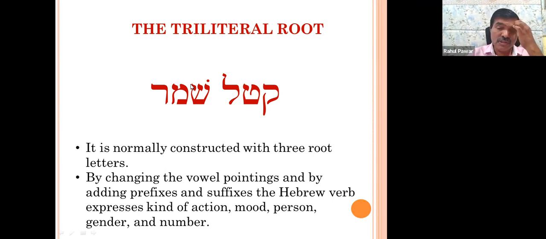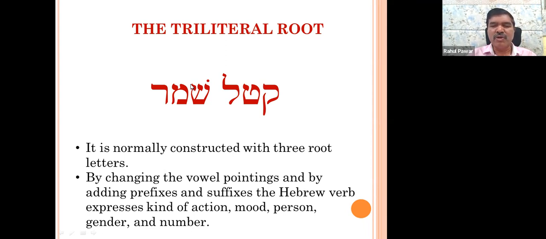So depending upon this three-letter root, we can get different verb conjugations, and they have different vowel pointings. But the base, that is the three root letters, never changes except for some weak letters.